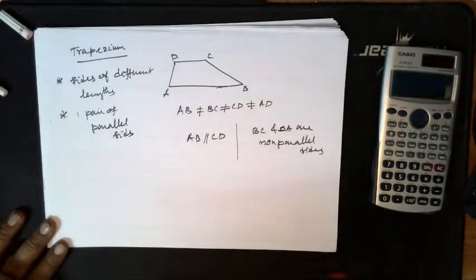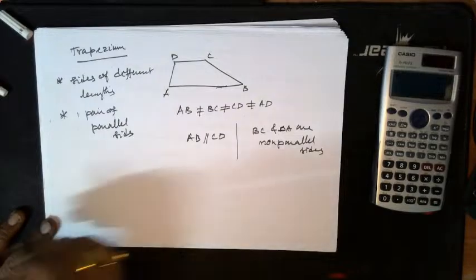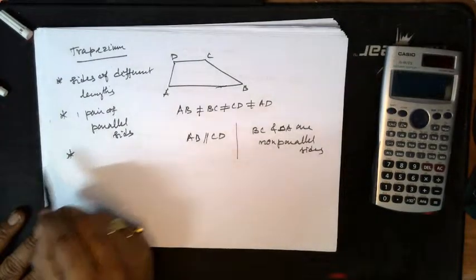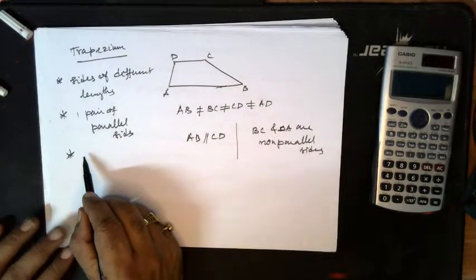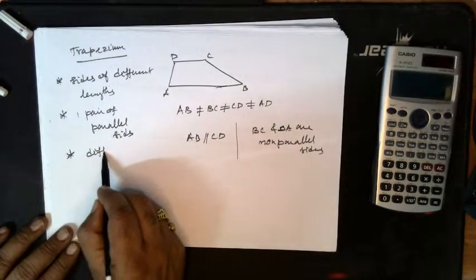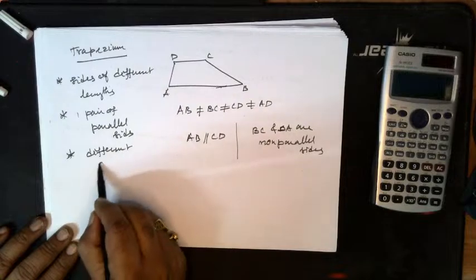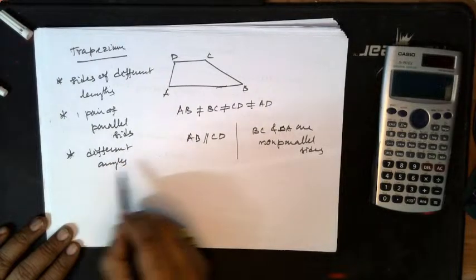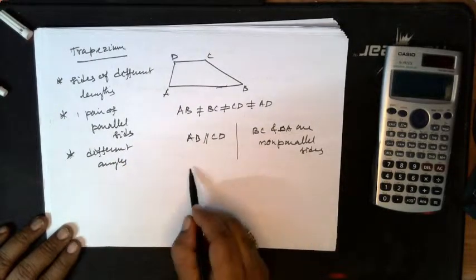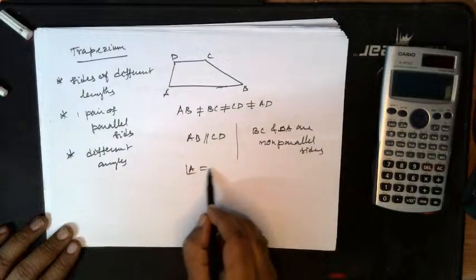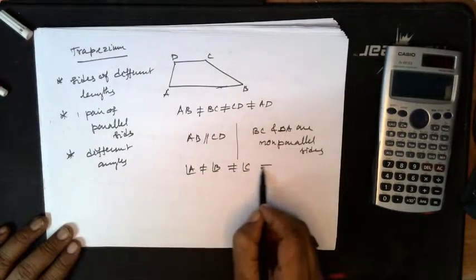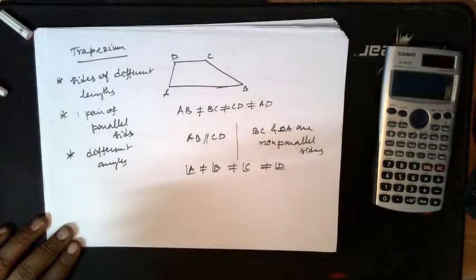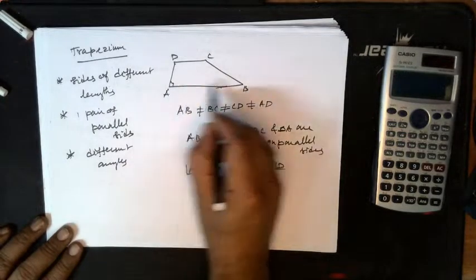And they have different angles. What do you understand from this? Angle A is not equal to angle B, that is not equal to angle C, that is not equal to angle D, right? All are different.